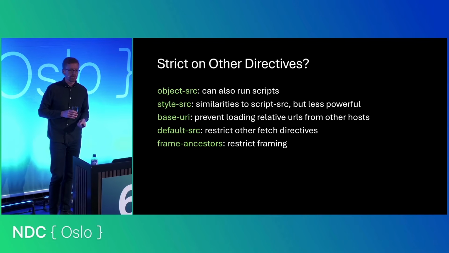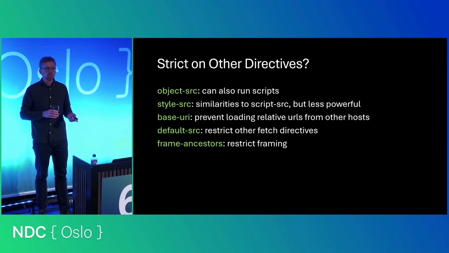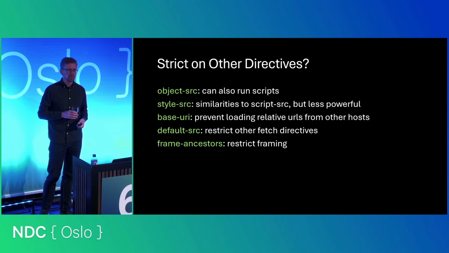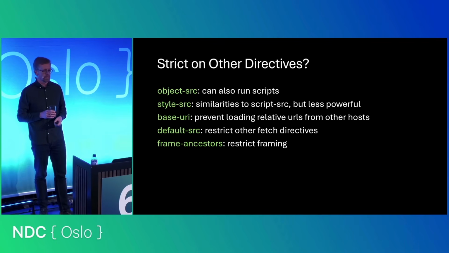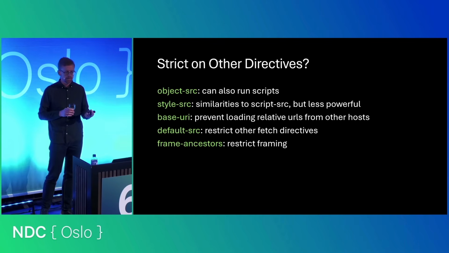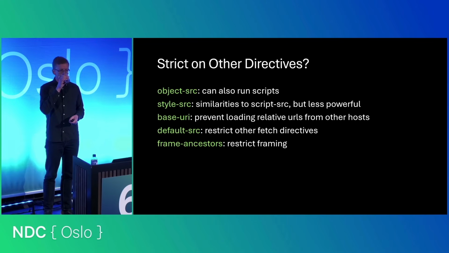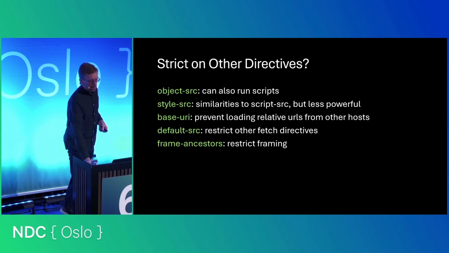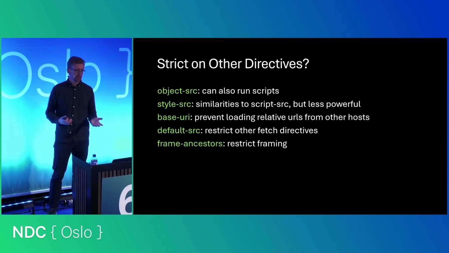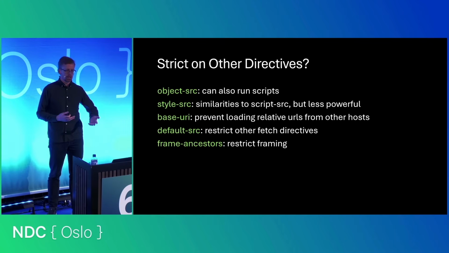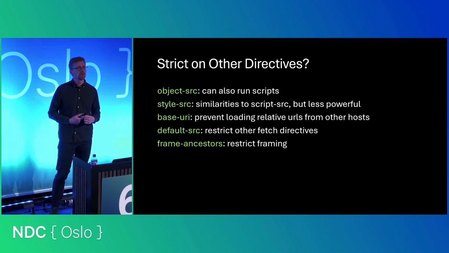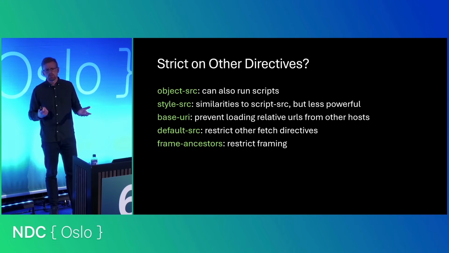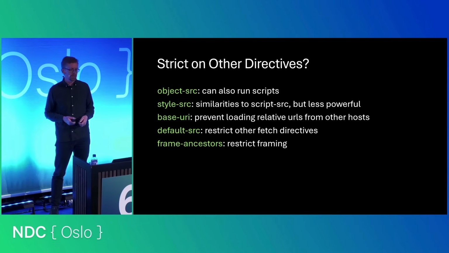Style source I already covered. Try to be strict because it's good, and there are some ways that you could exfiltrate data. Base URI, there's a directive called that, and that governs where relative URLs can load their stuff from. If you don't need it, restrict it.